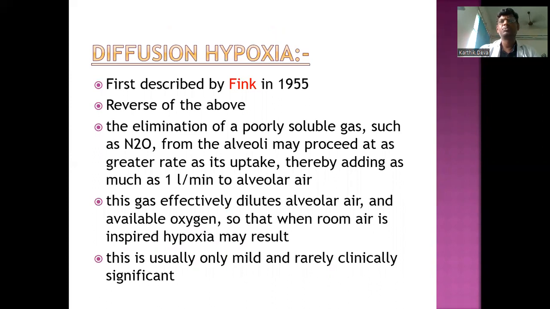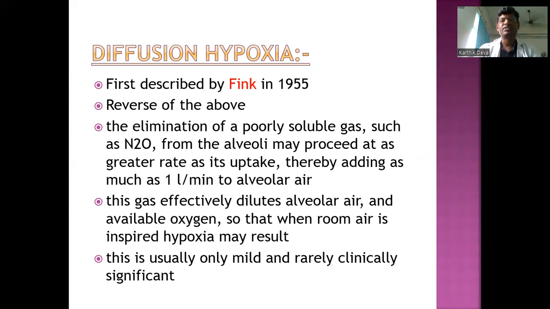What is diffusion hypoxia? It is almost a reversal form of the second gas effect. It was first described by Fink in 1955. This is the reverse of the above effect, the second gas effect. The elimination of a poorly soluble gas such as nitrous oxide from the alveoli may proceed at as great a rate as its uptake, thereby adding as much as 1 liter per minute to the alveolar gas.